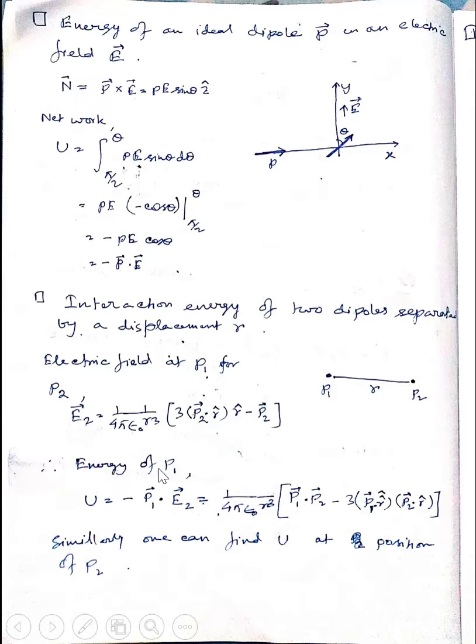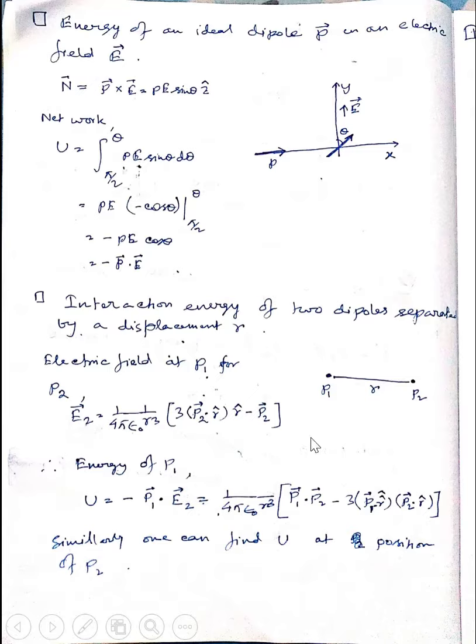And so the energy at P1 will be, as we already know, the dipole moment dot the electric field. So simply this is minus P1 dot E2, and if we put all the things here, we'll find this expression. Similarly you can find the energy at the P2 position, and you will see that both terms will be the same.